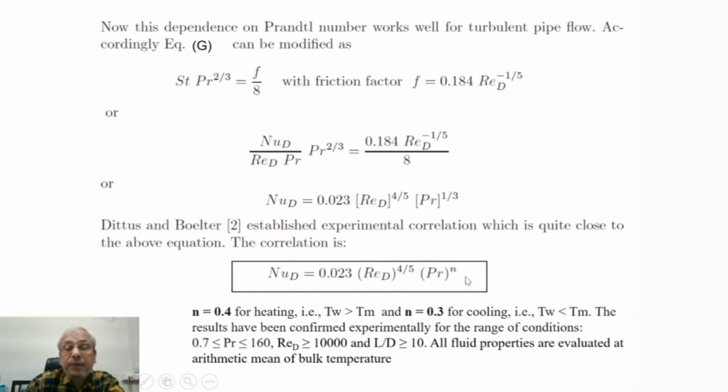It has been determined for tube, can be extended to other ducted flows. Only thing, Reynolds number has to be determined based on hydraulic diameter, and the same hydraulic diameter will be used for determining Nusselt number.